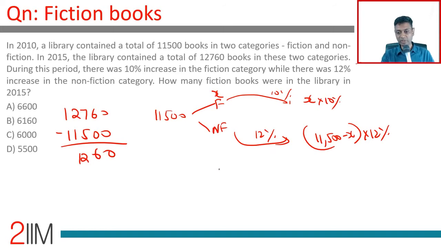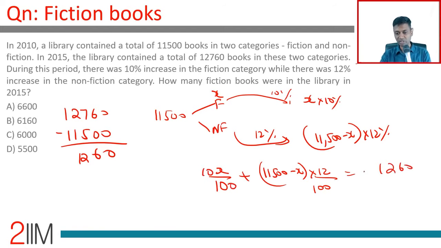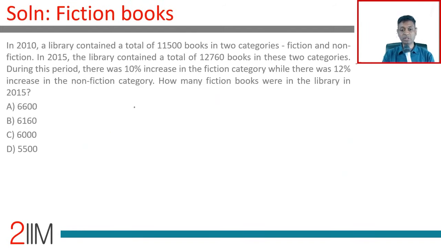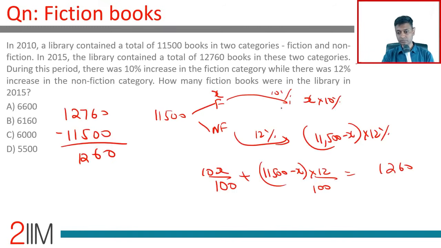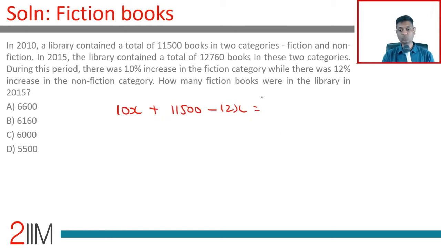1260 is x by 10 plus 11,500 minus x into 12 by 100 equals 1260. I'm going to call this 10x by 100. Take the 100 that side. So this becomes 10x plus 11500 minus 12x equals 126000.